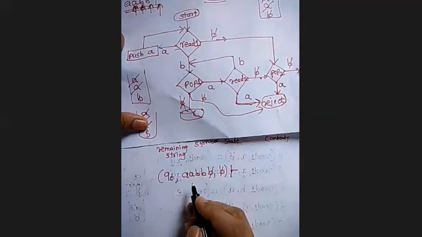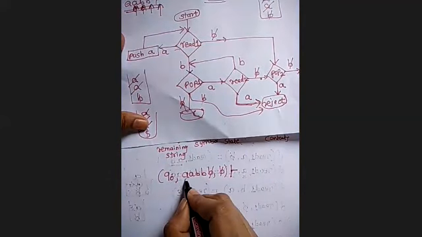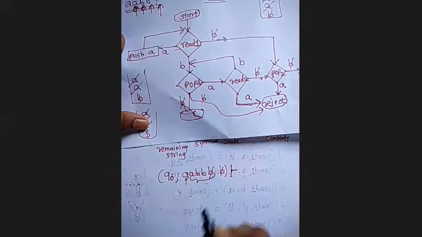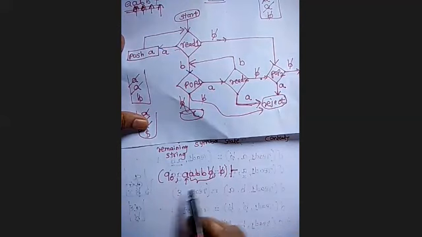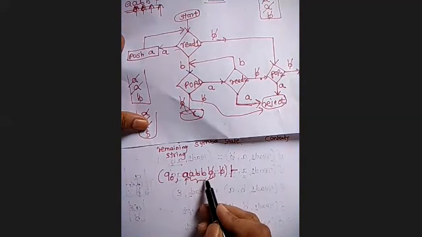Okay, so from this now we'll find it. q0 is the current state, the current input symbol is this, and the w part is the remaining string. So this is the current input symbol, that is a, and the remaining string is ABB blank.